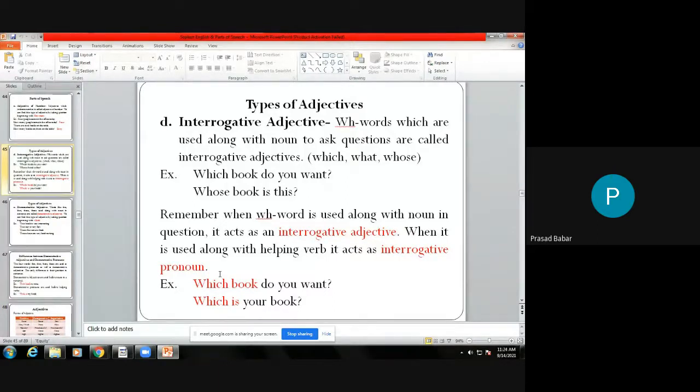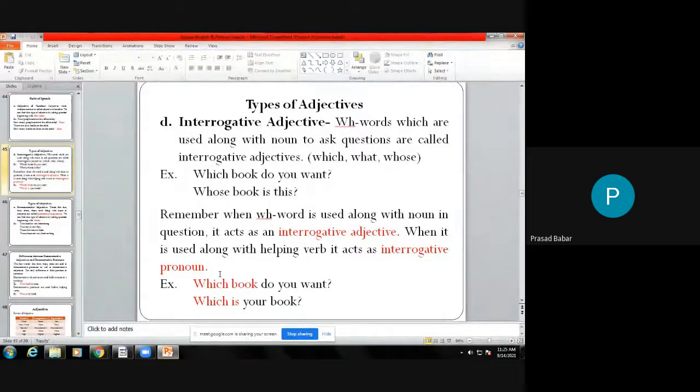Let's see its example. Which book do you want? Here, which is the interrogative adjective which comes along with book, which is a noun in the sentence. Then the next is, whose book is this? Here, whose is the interrogative adjective which came along with noun book.